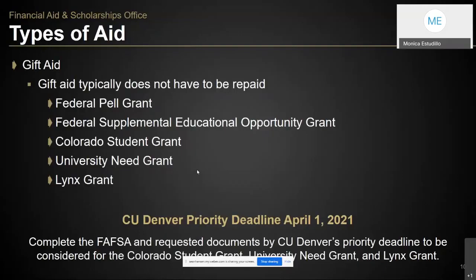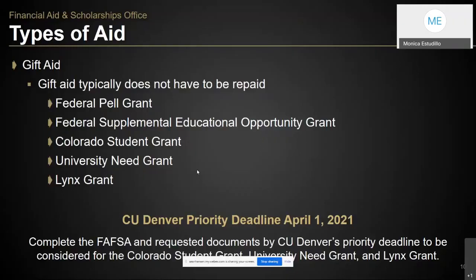So grants, you generally don't have to pay those back, and this is the free money that you want to try to apply for. That's why it's good to complete your application by April 1st, because once we see that you have your FAFSA on file, we'll check to see what you're eligible for.